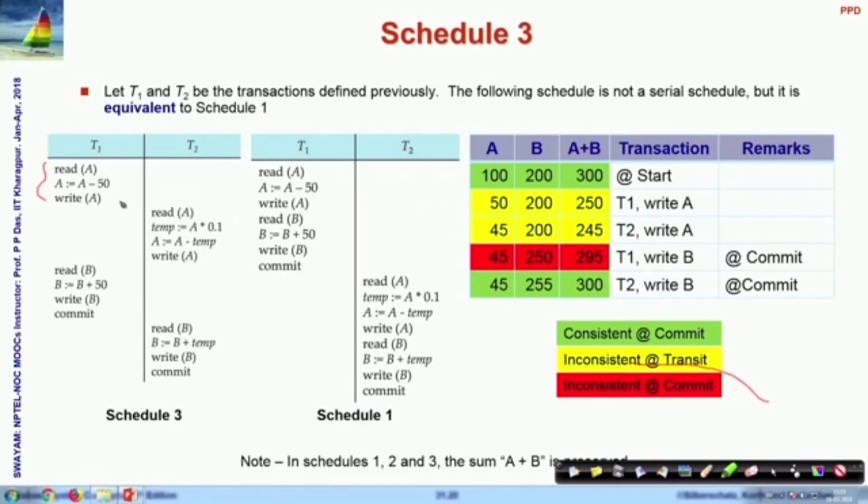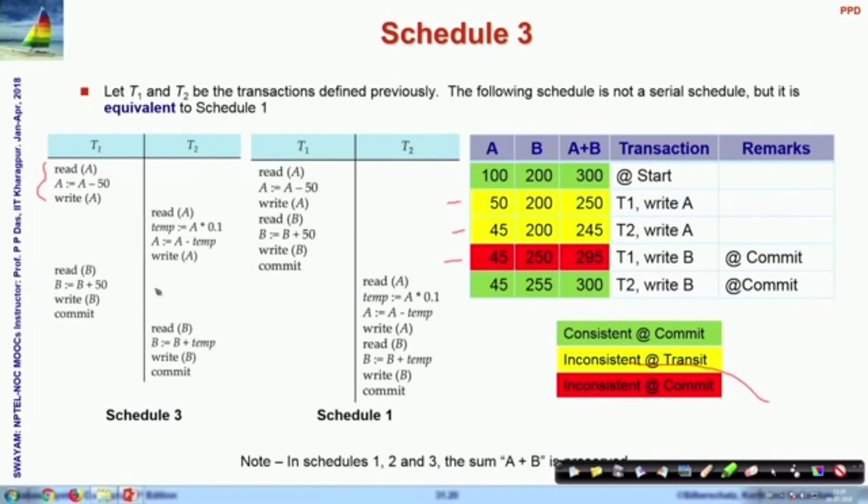You can see that when T1 writes A, $50 has been debited. Then when T2 writes A, subsequently another $5 is debited. So, it becomes 45.